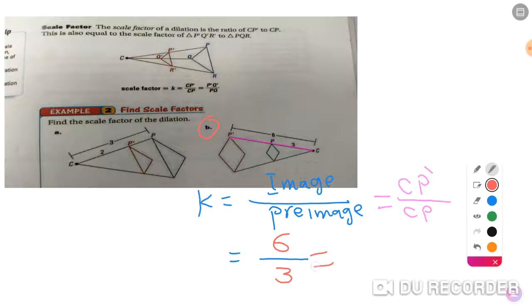So the scale factor will be 2, and this simply means we have an enlargement. The image has become two times as large as the original one.